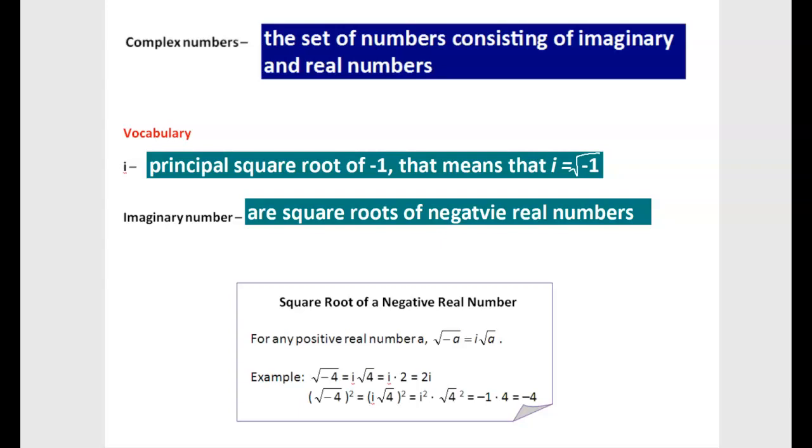We use the letter i to represent the imaginary numbers. i, in its most basic form, represents the square root of negative 1.